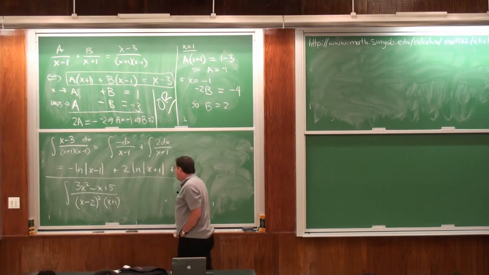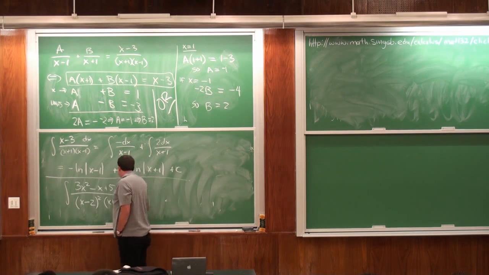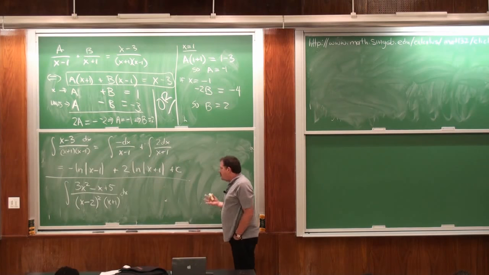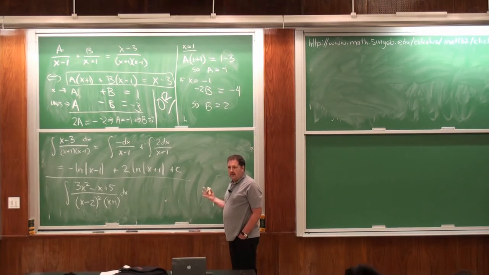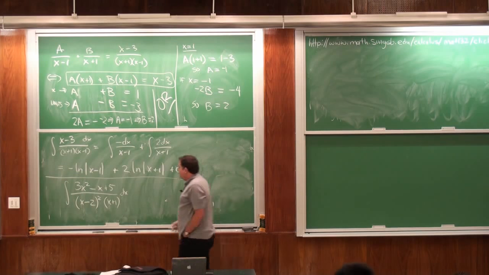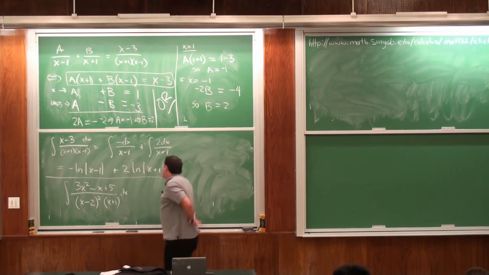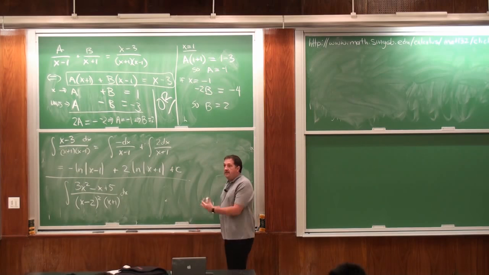And again, it should be pretty obvious that what I really want to do here is partial fractions. Okay, so now I want to be able to split this up.